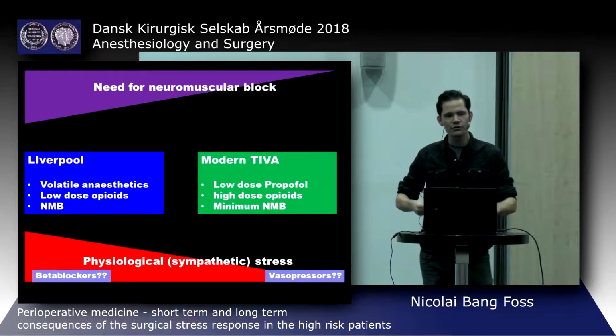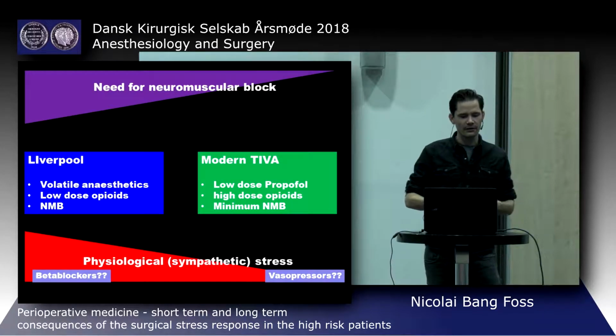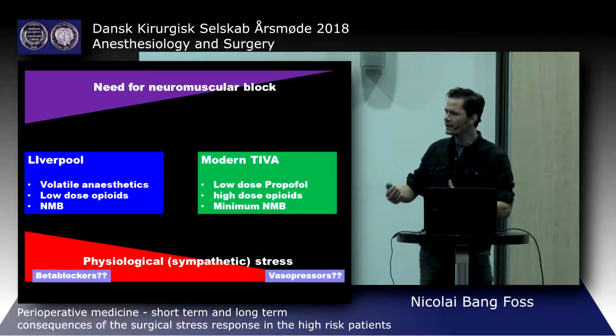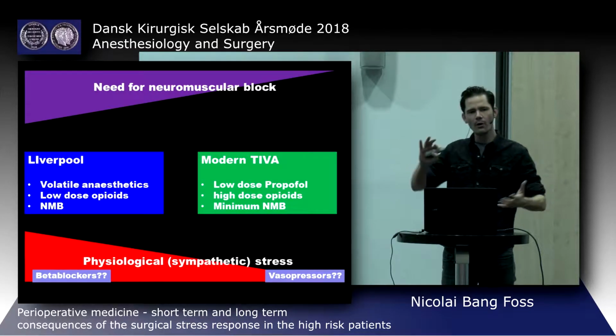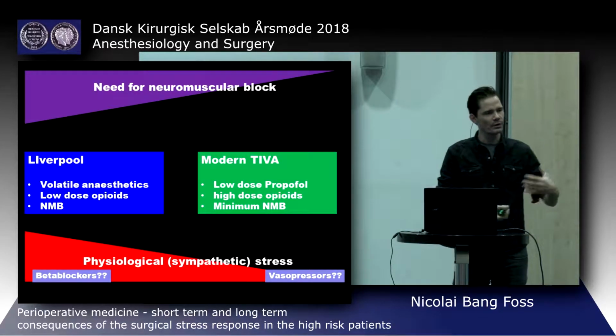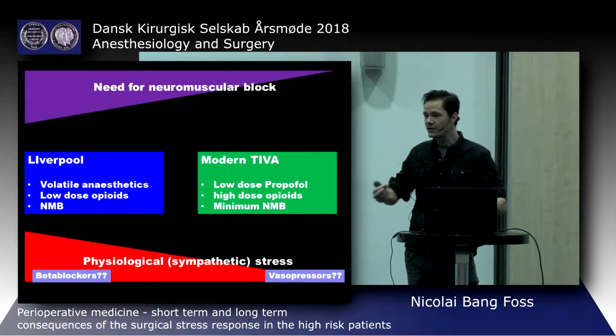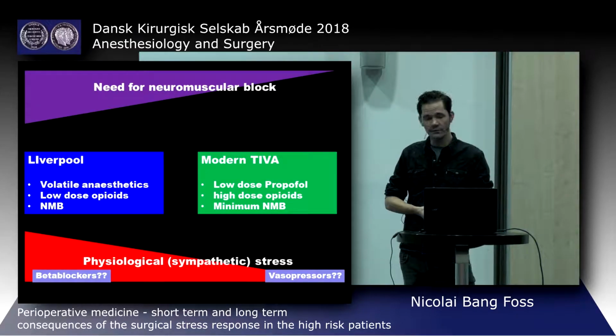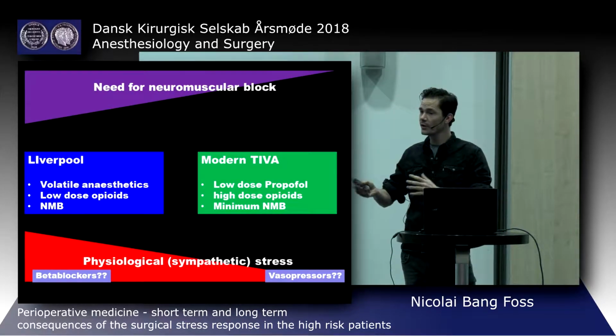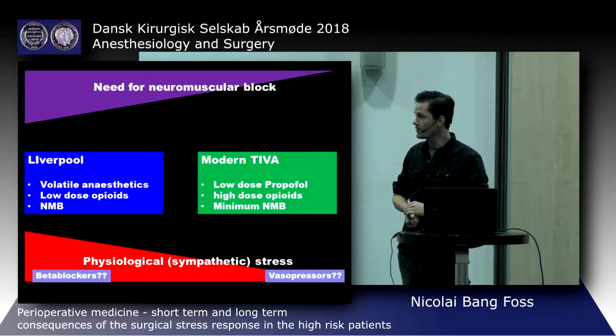And if we just look at a model of general anesthesia, you can see it's quite obvious that if we have a method of anesthesia where our whole perioperative setup is such that we don't attenuate sympathetic stress, it's quite physiologically sound to give beta blockers. But for patients who are vasodilated and have suppressed cardiovascular function, then it's perhaps more rational to give vasopressors.